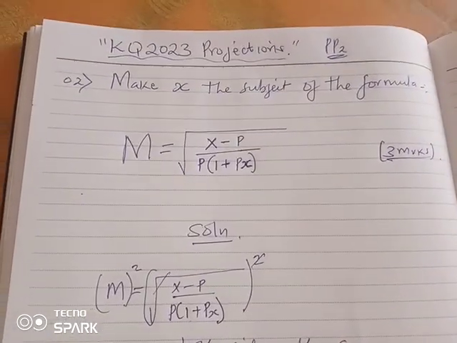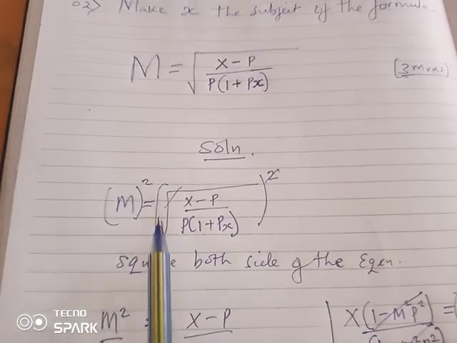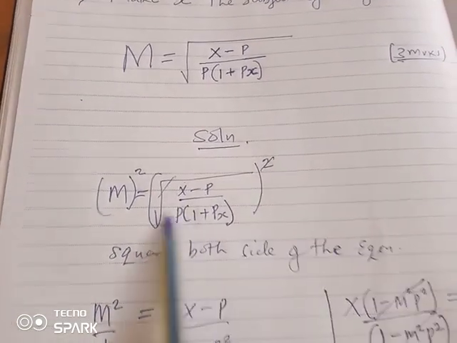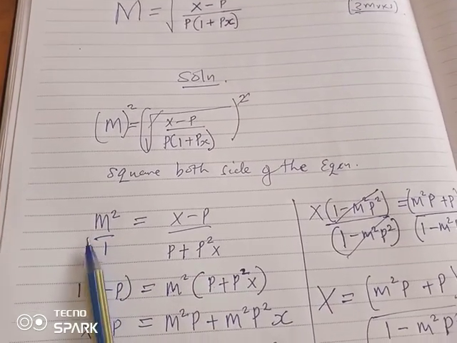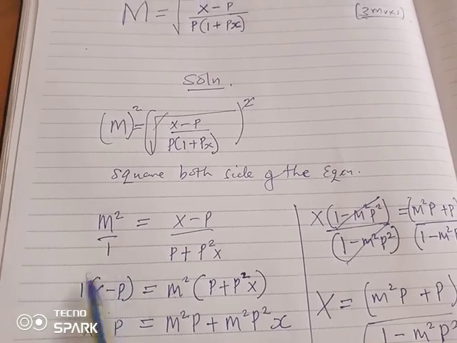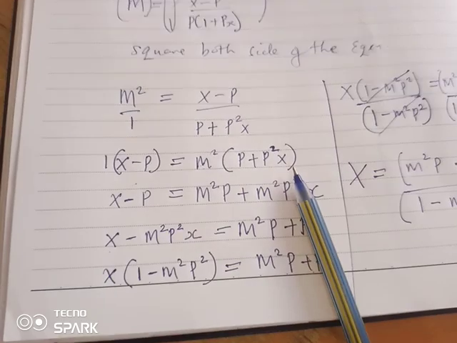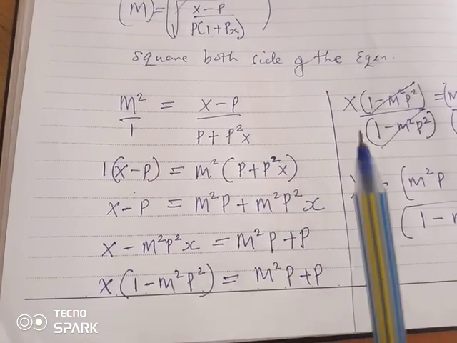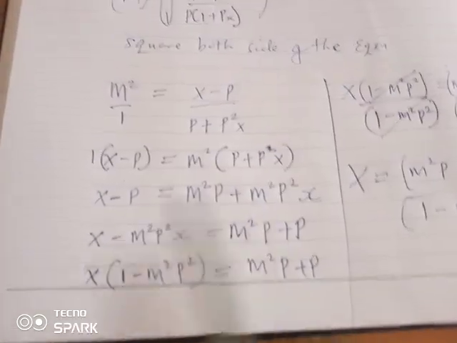Step by step. The question is very easy and we can't afford to miss this, guys. Study this. Very simple steps. Eliminate the square root by squaring both sides. Of course, m will be squared. Then, giving m a denominator 1, we can cross multiply to be able to form our equation. Now, our main big deal here is x. x is the letter in question, and therefore we try to group x together.